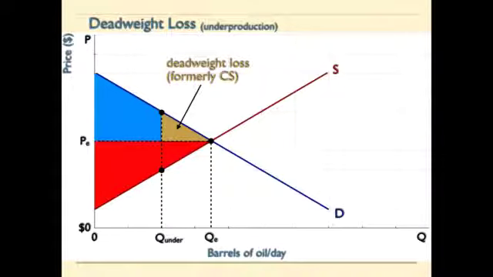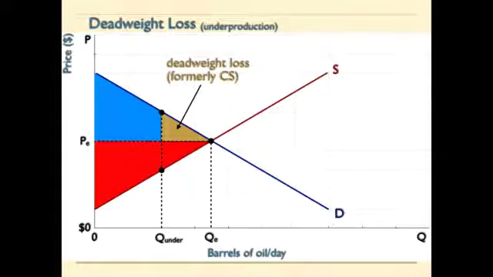The thing that you need to realize is that when we have underproduction relative to the equilibrium, that is output that is not being produced and it is not being consumed. So if we allowed this market to be in equilibrium, the difference between QE and Q under is output that is not being produced and is not being consumed.